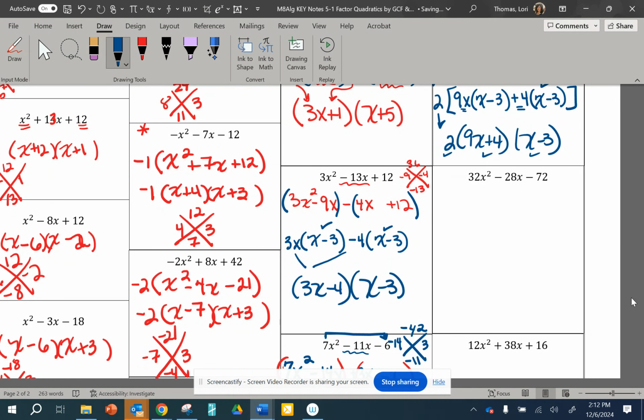Okay, let's factor out. I believe that 4 is our GCF here. So we have 8x squared minus 7x, and then minus 72 divided by 4, that gives us 18.